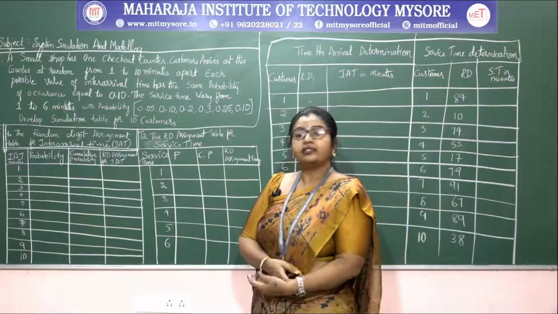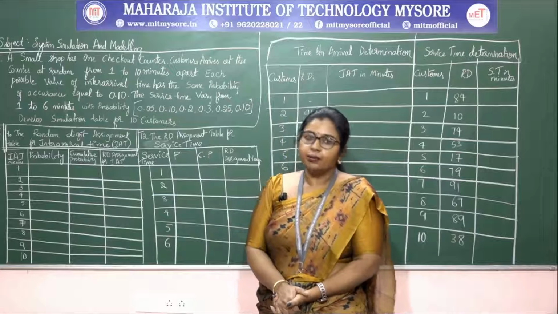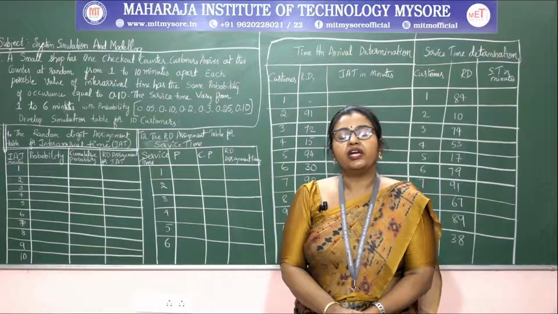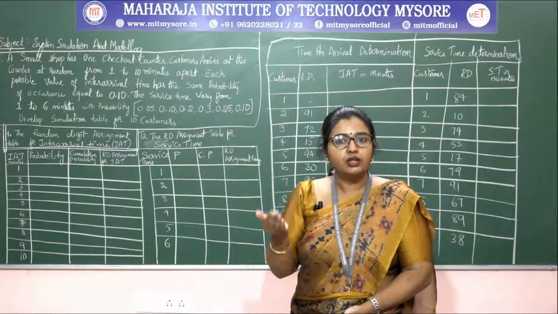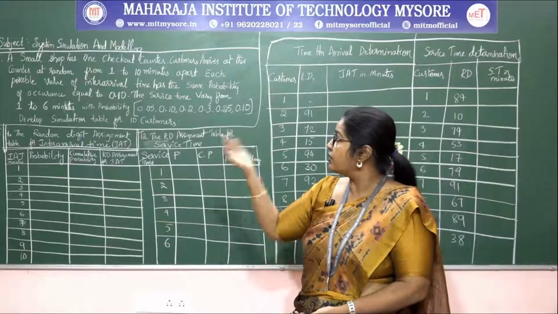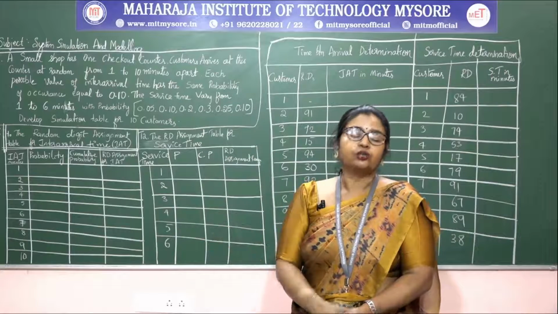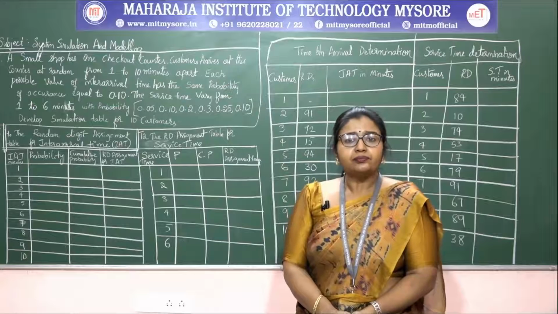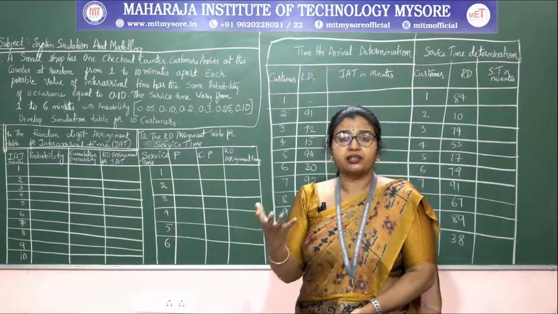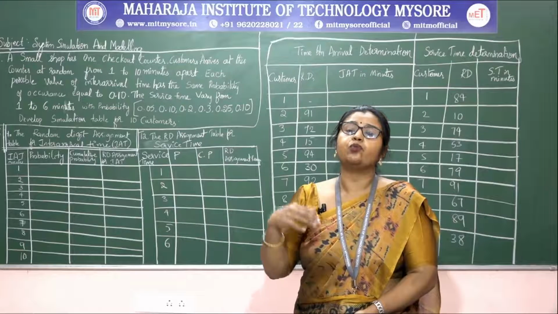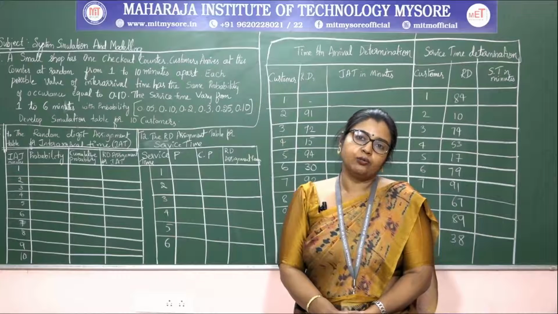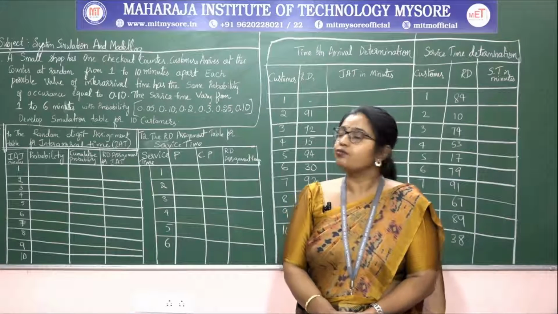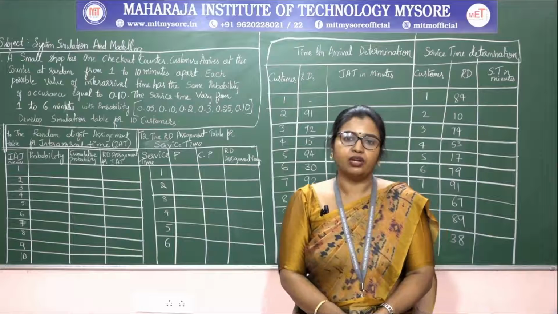Here 10 customers are coming, so you need to simulate at what time each customer comes into that small shop, how much time they take for service, and at what time they leave the system. So for that we need to simulate the system.